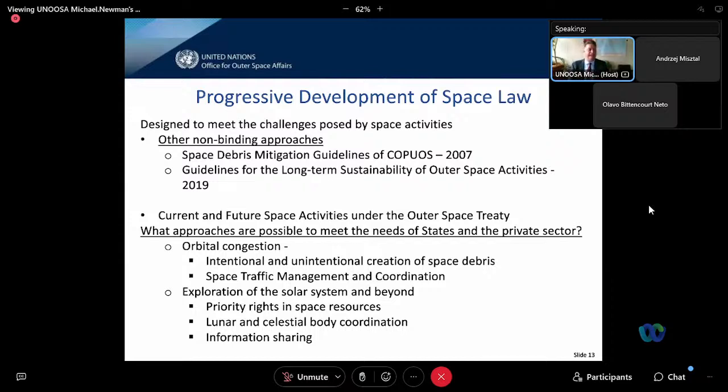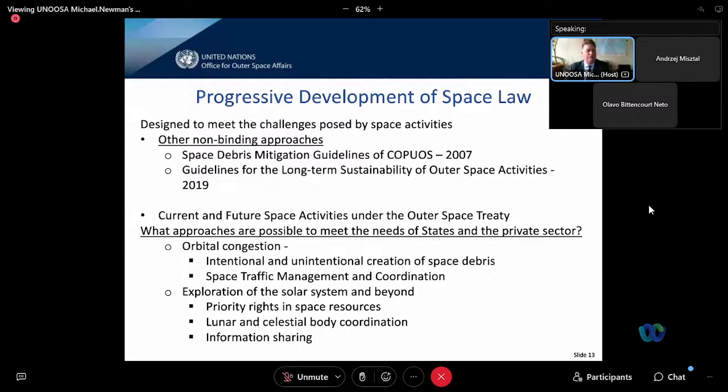What we have seen recently over these last number of years is a huge increase of space activities, orbital congestion, as they call it, and lots of orbital space objects at play.